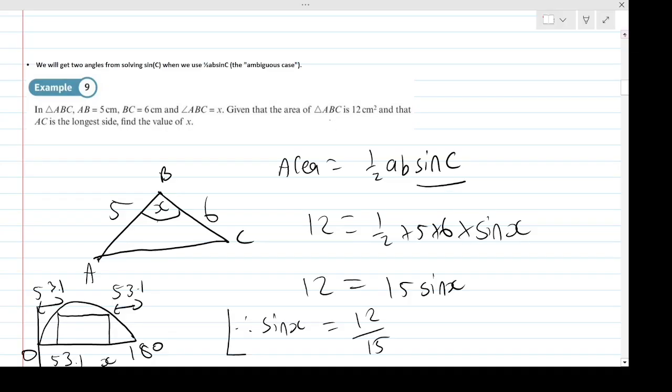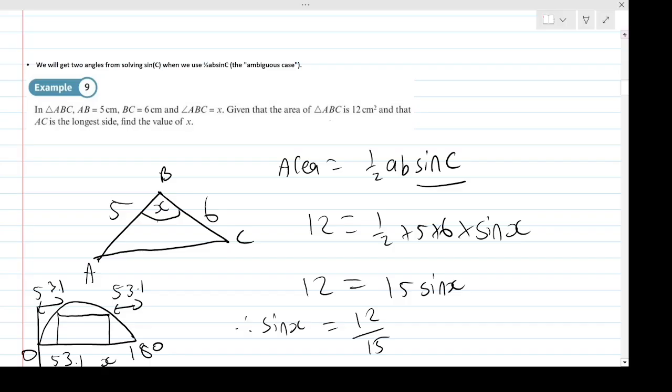So when we get to sine x is 12 over 15, we would actually always get two possible angles, okay? Because again, the way the sine graph works, they will always have two different solutions, two intersections in this case. So always be on the lookout for checking for a second solution when we're dealing with sines, okay?